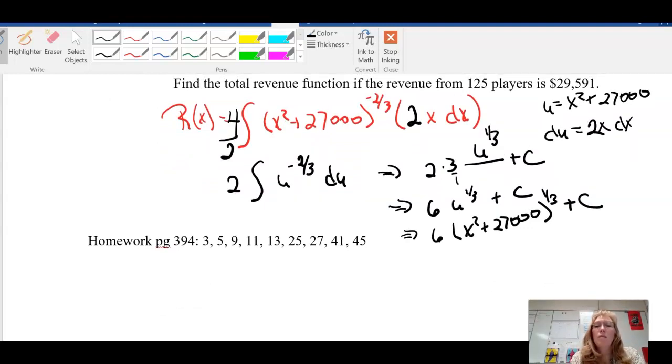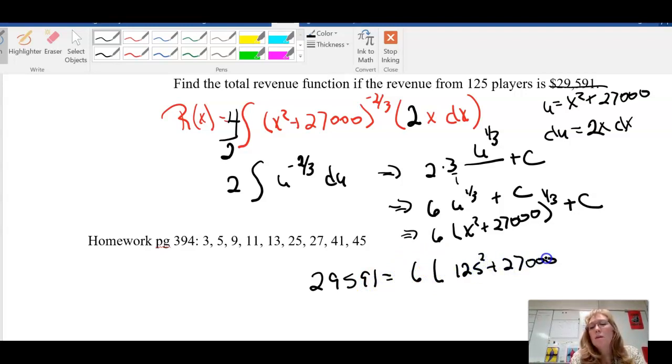Now we know that this is revenue, and our revenue is $29,591. So 29,591 has to equal 6 times 125 squared plus 27,000 to the 1/3 power plus c. And we're solving for c.